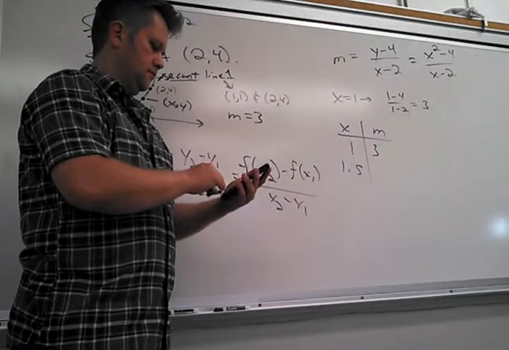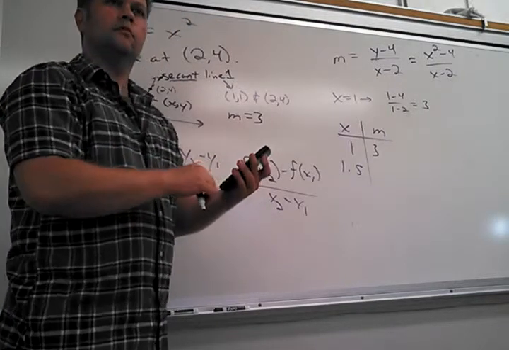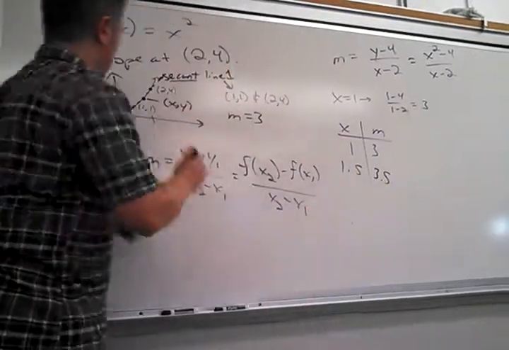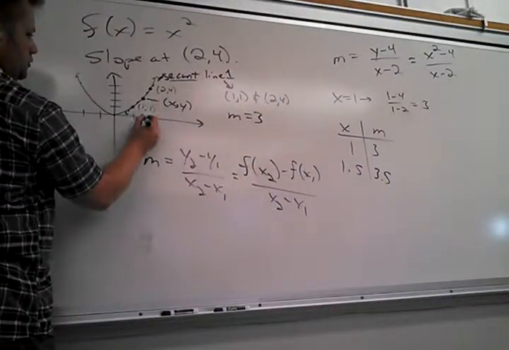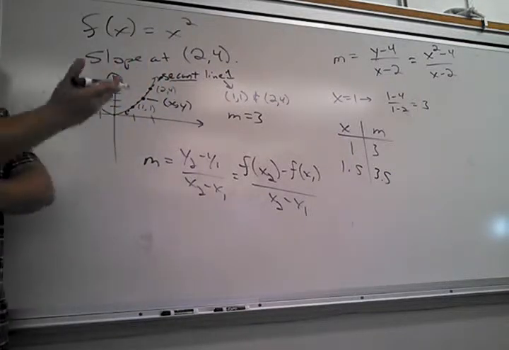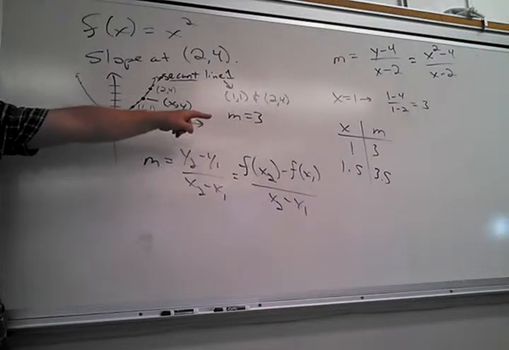Got it. 3.5. Yeah, I get 3.5. Does that make sense? If I step my point a little bit closer to 1.5, doesn't my slope get a little bigger? Yeah. As it comes around that corner, it's getting bigger and bigger, so that kind of makes sense visually?